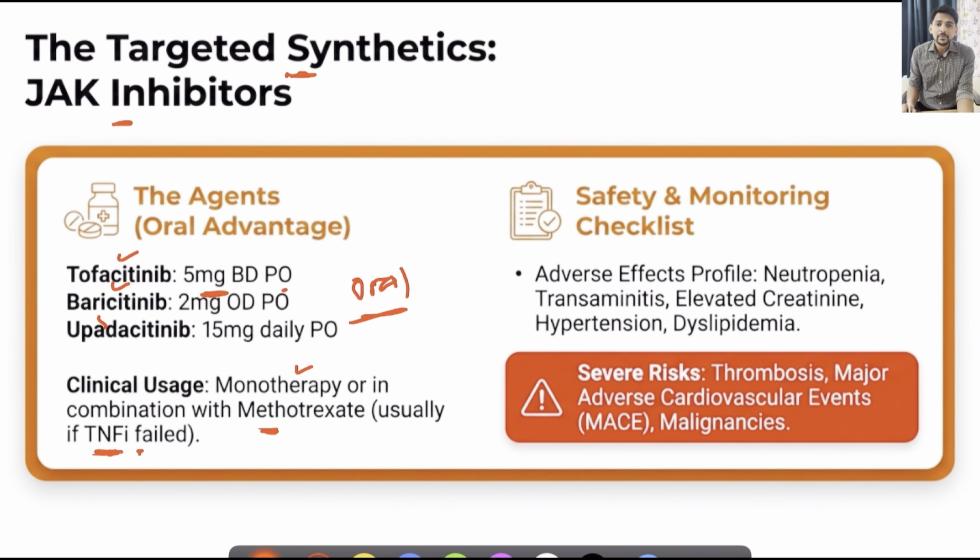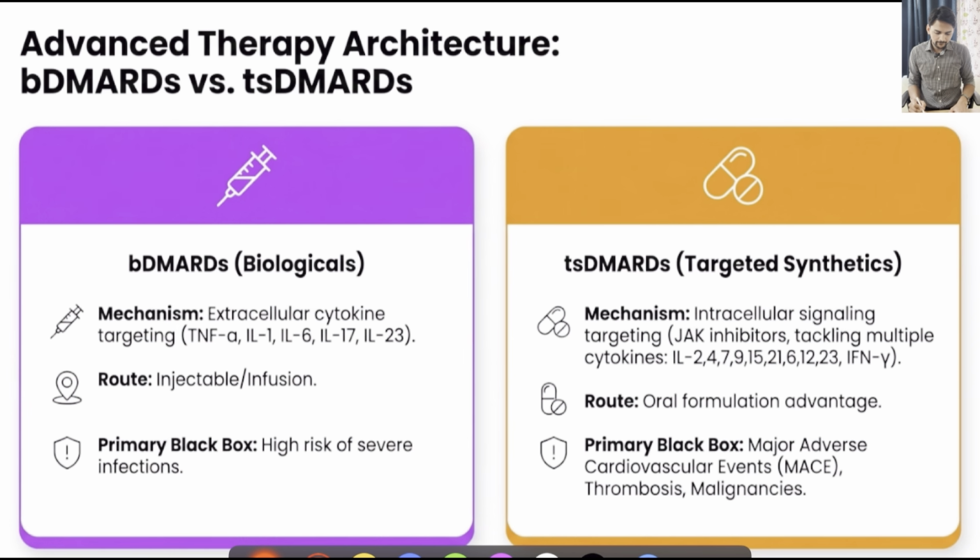But remember, they have numerous adverse effects like neutropenia, transaminitis, elevated creatinine, hypertension, dyslipidemia, leading to thrombosis, major adverse cardiovascular events, even the risk of malignancy will be increased. So all these points should be remembered, not just because it is an oral feasible medication, we will directly go ahead with this particular class.